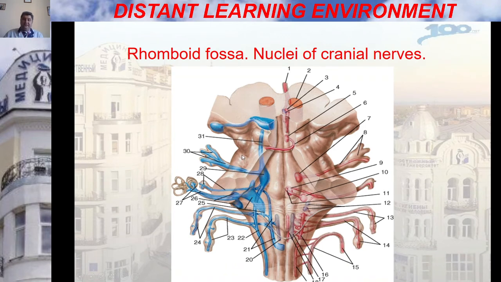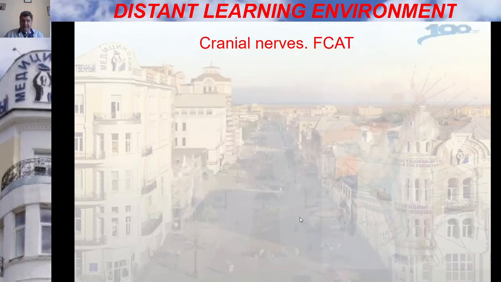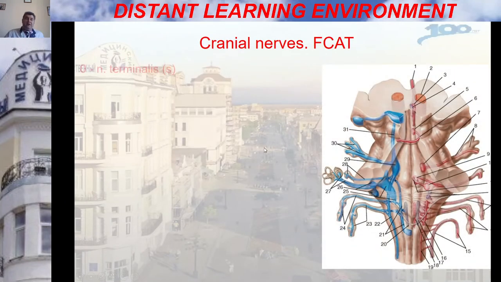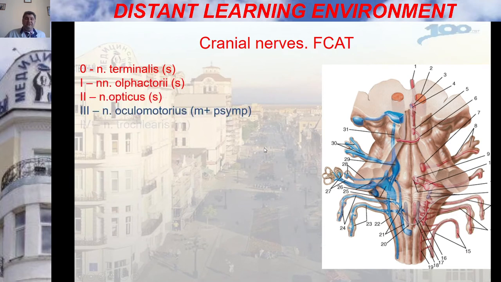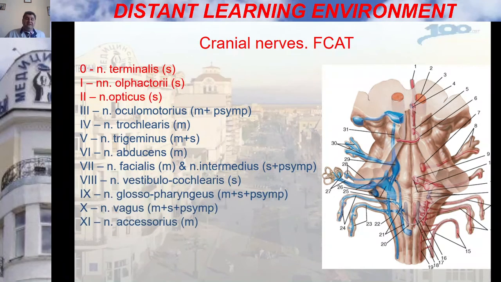All these nuclei are situated in pons, and also you may see the nuclei of medulla oblongata. So if we talk about nerves, you may see all these nerves here, and also you may see the names of their nerves.